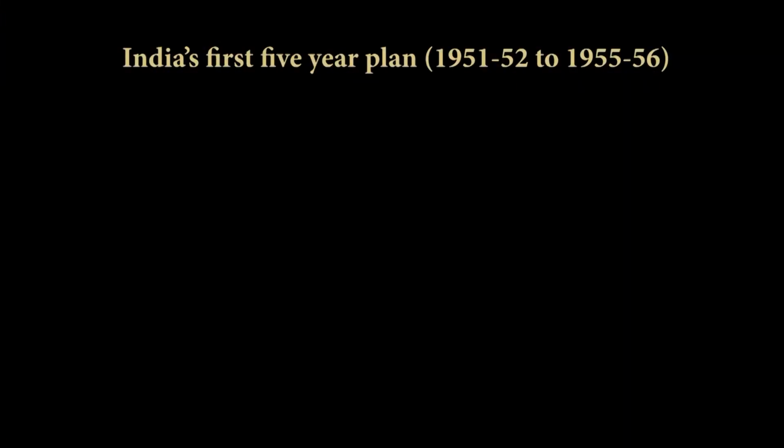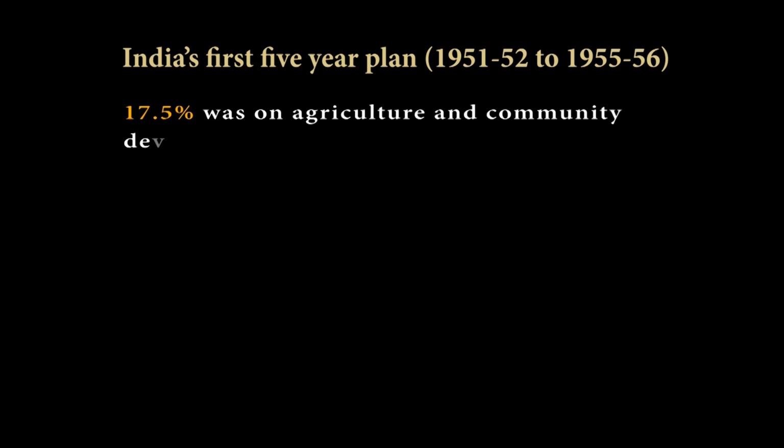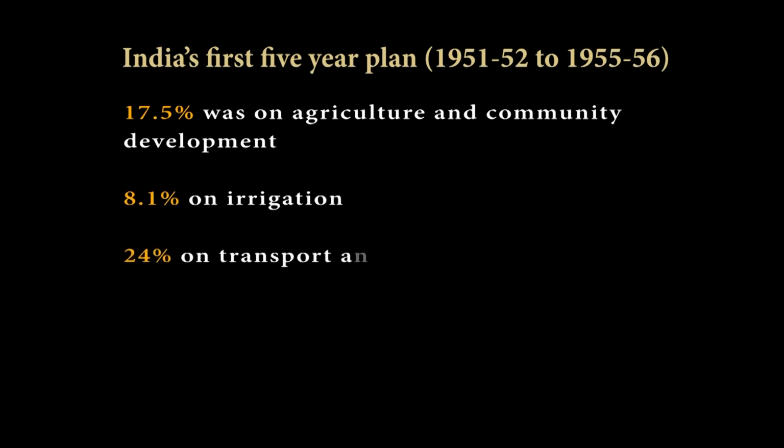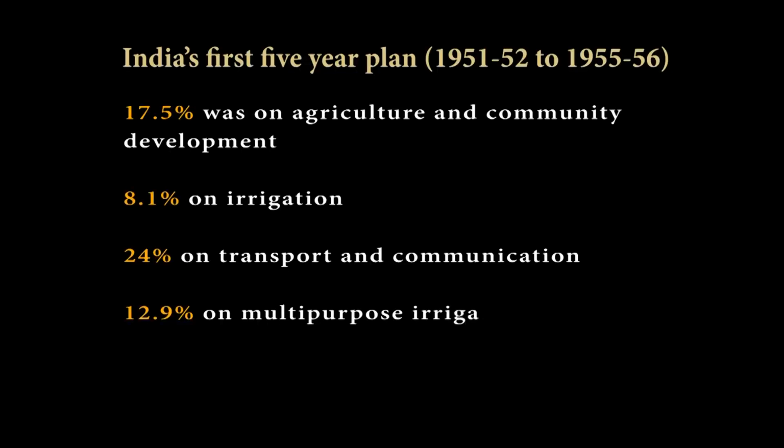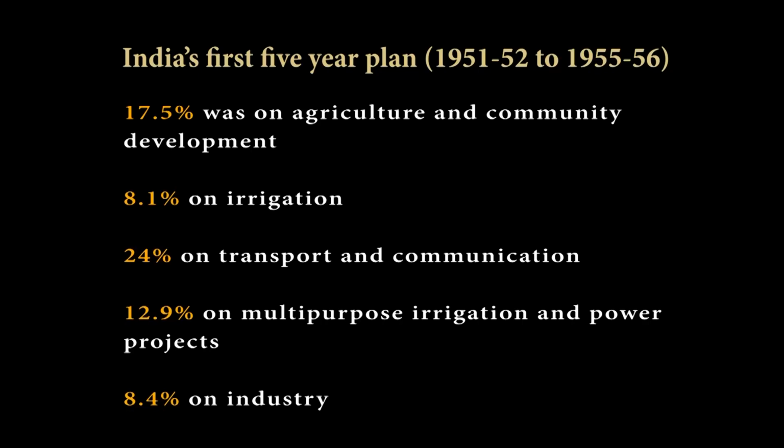Of the total public development expenditure, 17.5% was for agriculture and community development, 8.1% for irrigation, 24% on transport and communication, 12.9% for multipurpose irrigation and power projects, and only 8.4% was allocated for industrial growth.